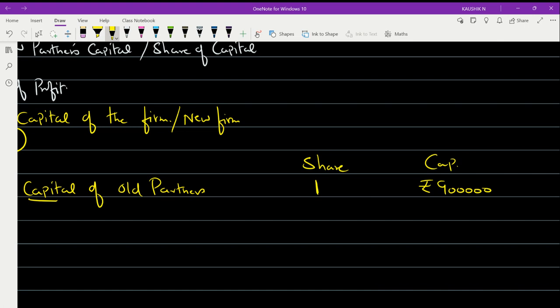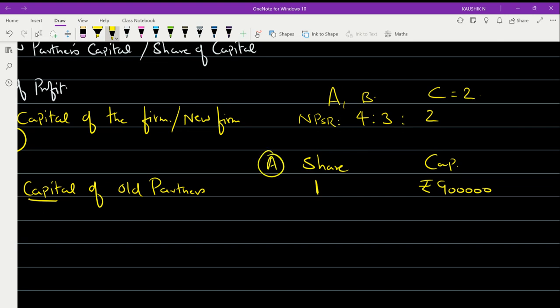We have two old partners, A and B, whose new profit sharing ratio is given as 4:3. Whereas new partner C we gave 1, sorry, 2. So it is 4:3:2.